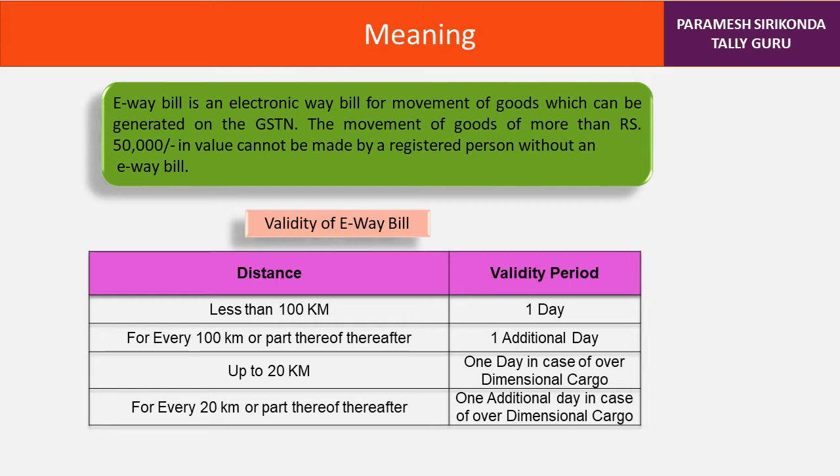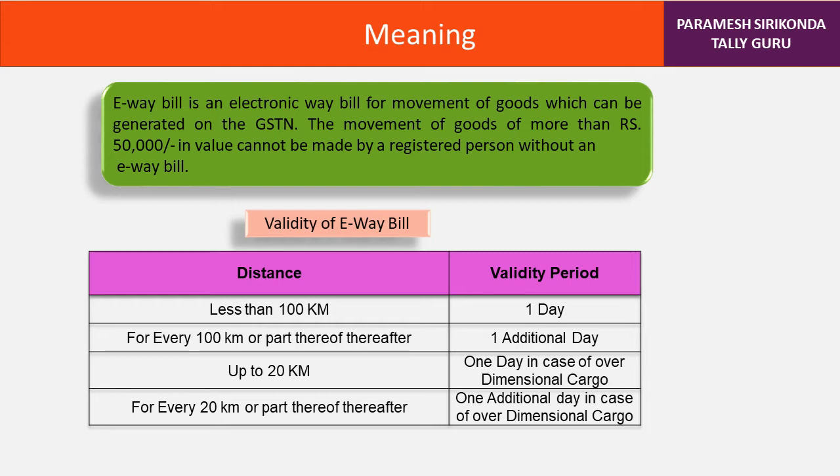Okay, so up to 20 kilometers, 1 day in case of over dimensional cargo. Sometimes on the highways you can see large vehicles. If you are moving goods as over dimensional cargo, you get 1 day for up to 20 kilometers, and for every additional 20 kilometers or part thereof, an additional day. Sometimes a vehicle may meet with an accident, or if the weather condition is not good, you can get additional time. So remember only one thing: if less than 100 kilometers, that is 1 day.